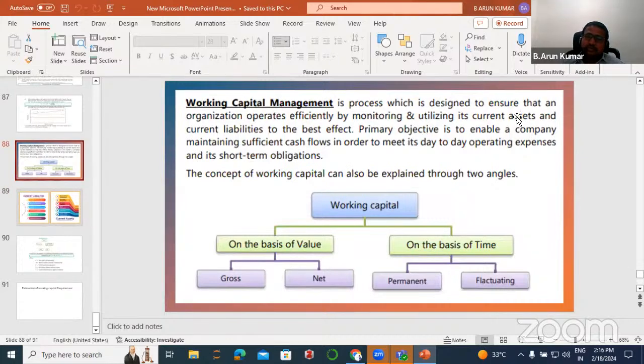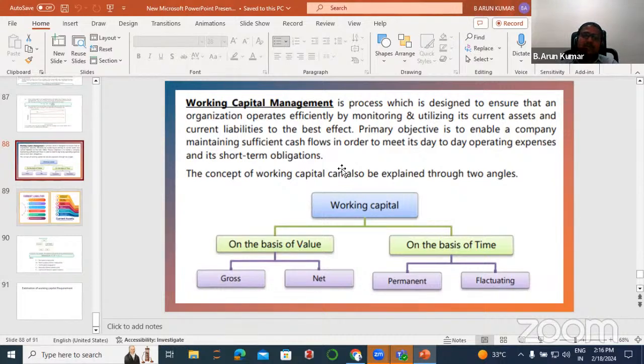Just see this definition. It is a process designed to ensure that an organization operates effectively by monitoring and utilizing its current assets and current liabilities to the best effect. The primary objective is to enable a company to maintain sufficient cash flows to meet its day-to-day operating expenses and short-term obligations. We prepare working capital for the purpose of meeting day-to-day operating expenses and short-term obligations.